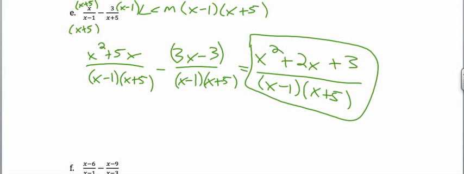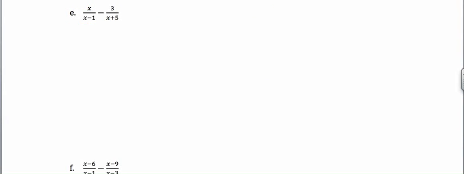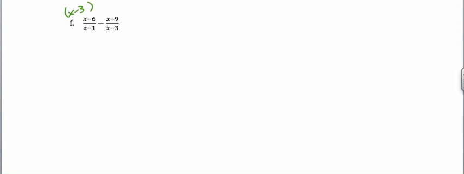Okay, last one. I'm going to have you try this one on your own, pause, and then come back. All right, our common denominator is x minus 1 times x minus 3. So I'm going to multiply the first one by x minus 3 and the second one by x minus 1. Again, in numerator and denominator. You're going to have to multiply those binomials together.